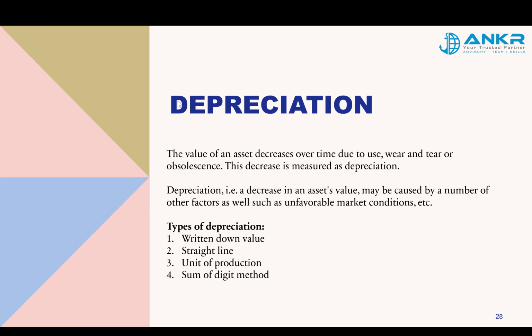This plant is a little different because the useful life is not determined through a depreciation rate or the useful life in years. It is basically the capacity of that plant to produce a number of units. Let's say it's a bottling plant and it is capable of producing 5 lakh bottles.